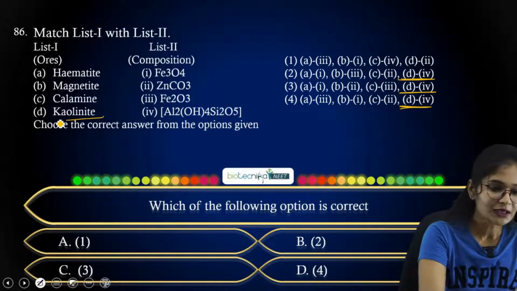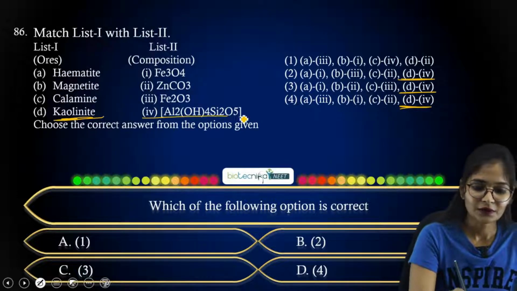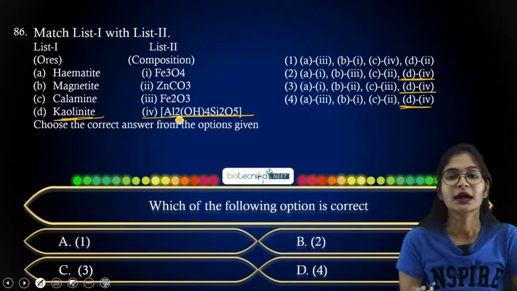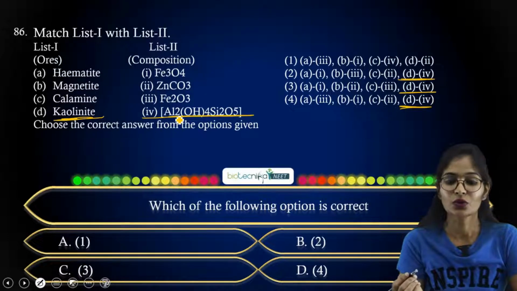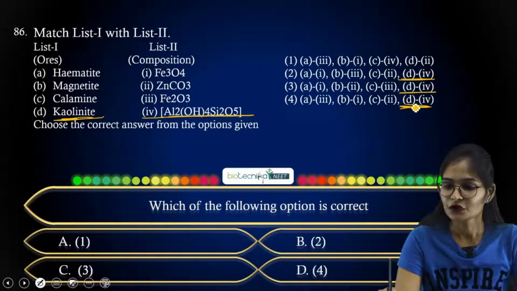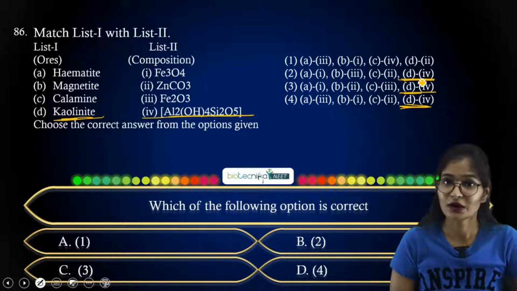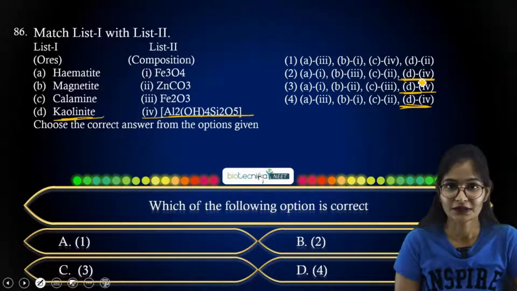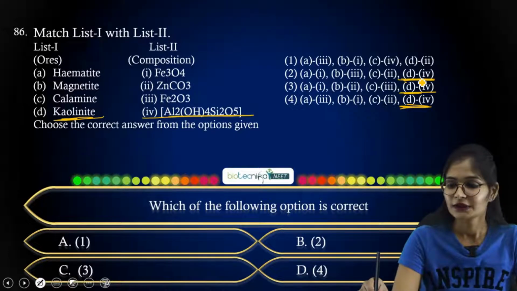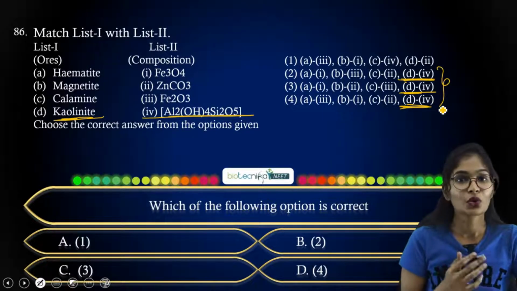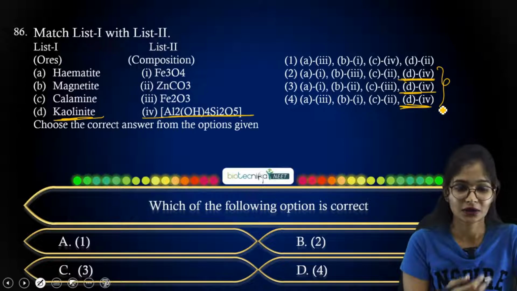I mean kaolinite, its composition they have given as Al2(OH)4Si2O5, right? So in at least 4 options they have given that, that is D4, and this is the direct answer we have for kaolinite. If so, then we have to correlate with the remaining ores.